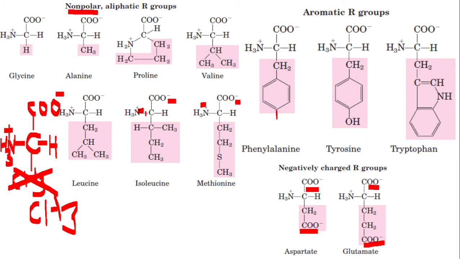Because the negative charge is neutralized by the positive charge. The number of negative charges is equal to the number of positive charges, so they are neutralized. So net charge is 0. But these two amino acids are not like that. Their net charge is 1 negative. That's why they are negatively charged amino acids.